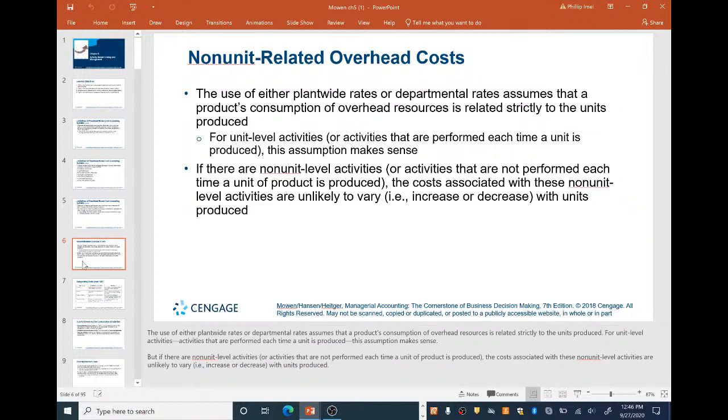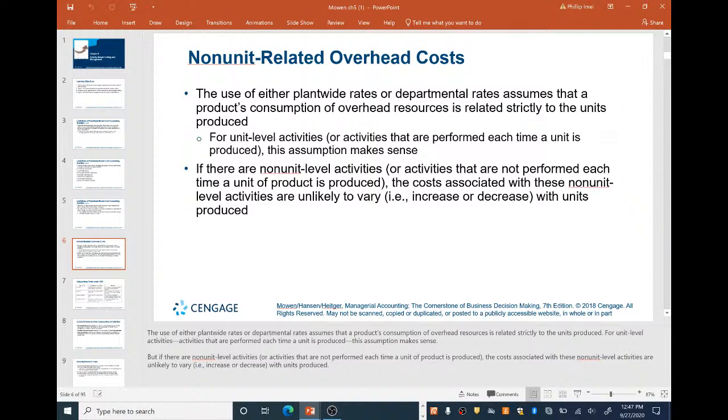Okay, non-unit-related overhead costs. This is where the use of either plant-wide rates or departmental rates assumes that a product's consumption of overhead resources is related strictly to the units produced. For unit-level activities, this assumption makes sense, right? Unit-level activities are performed each time a unit is produced.